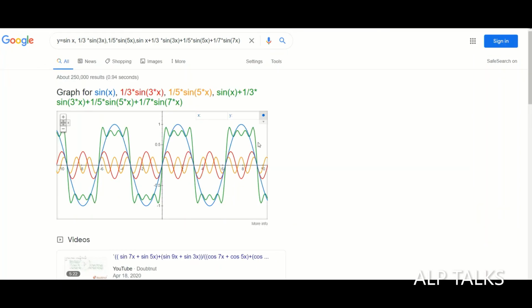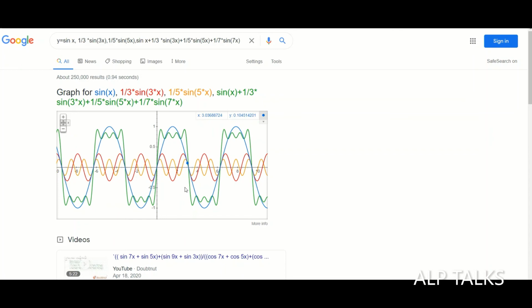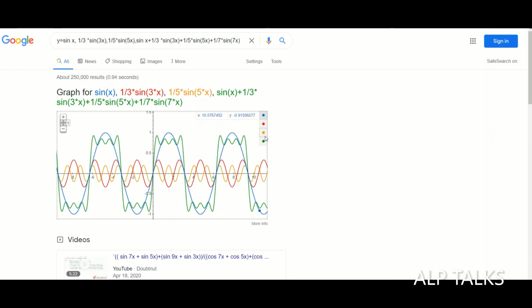The result will be like this. You can see the magnitude is a little bit different. Let's take the green waveform. It's almost matching, but the effective RMS value will be more compared to the normal case, because the RMS value relates to the area under the graph.